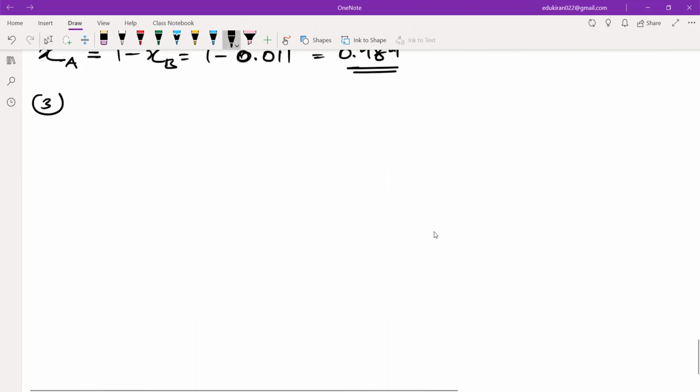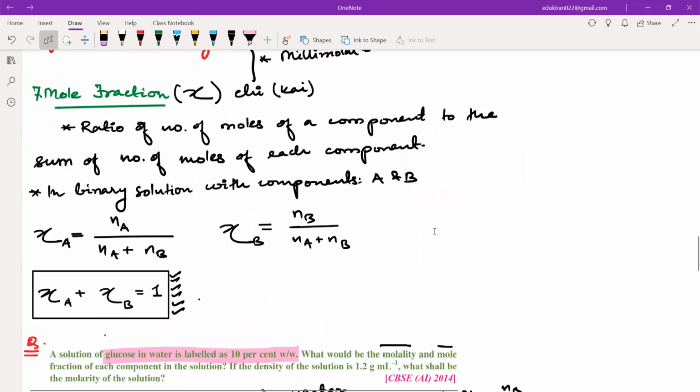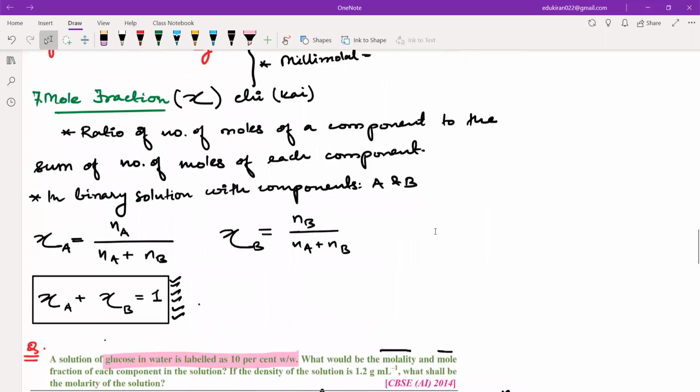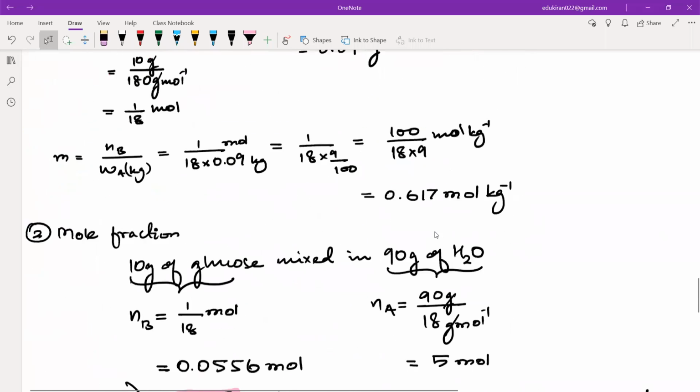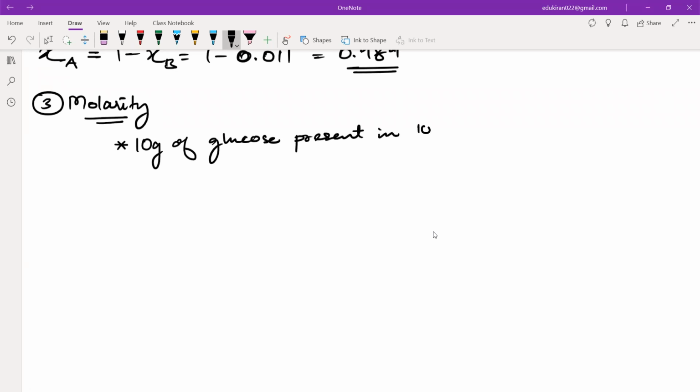Third part is molarity. So for molarity, we all know what is the translation that we have to use? The first translation. What is the question? 10%, no? It will be 10 grams of glucose present in 100 gram of solution.